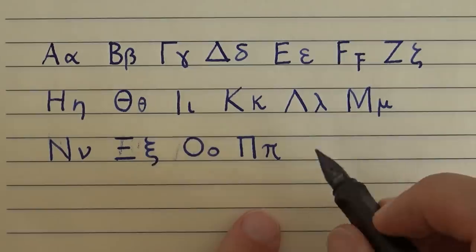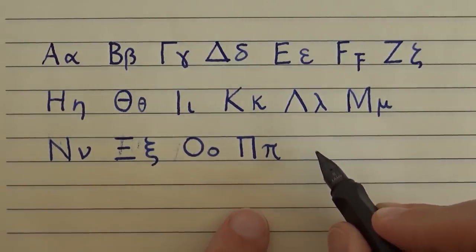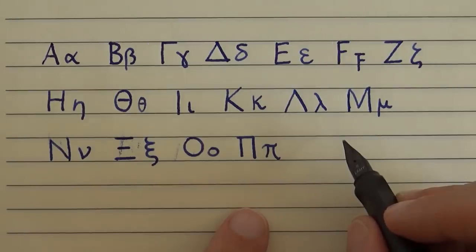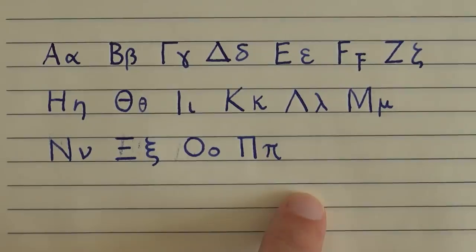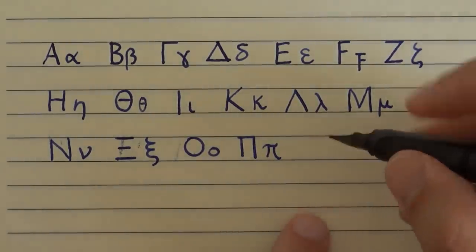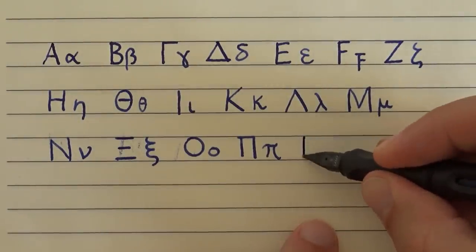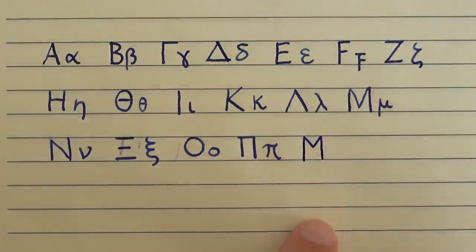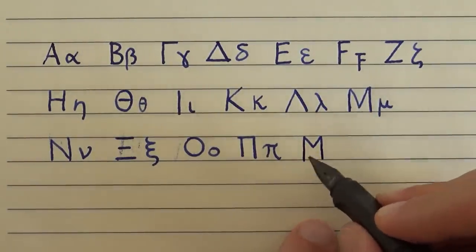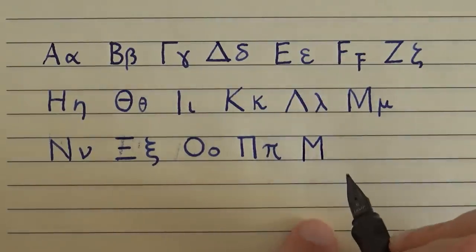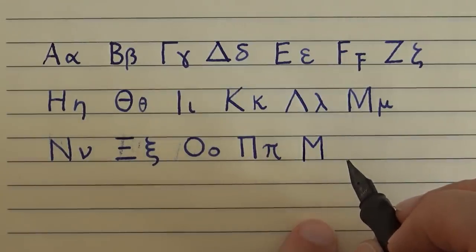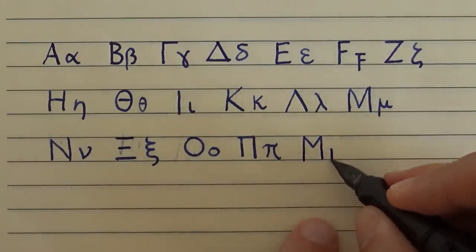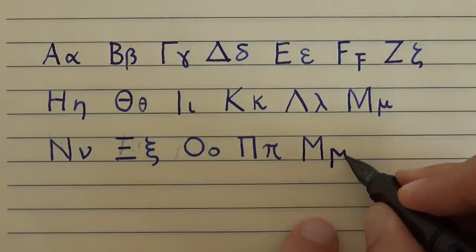And here I would like to add two letters that are not included in the modern Greek alphabet. So we have san, looks like an M, but not exactly. San, and the lowercase san is something like this.